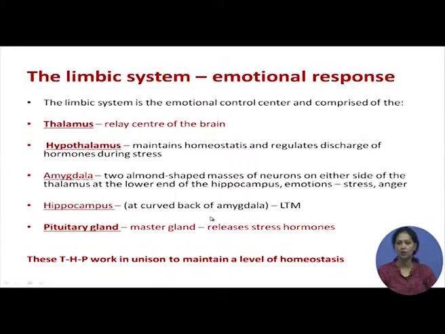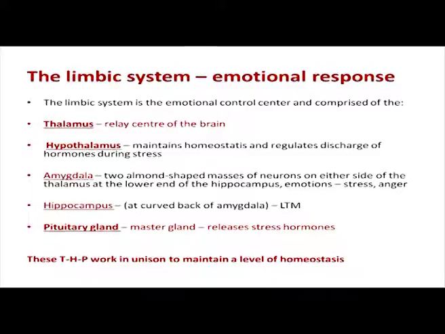The amygdala, which is two almond shaped structures on either side of the thalamus, at the lower end of the hippocampus, deals with emotions, and we see that if there is a lesion in the amygdala, a very strange tame response is seen within the individual. So, the amygdala is related to emotions like stress, anger and also aggression.